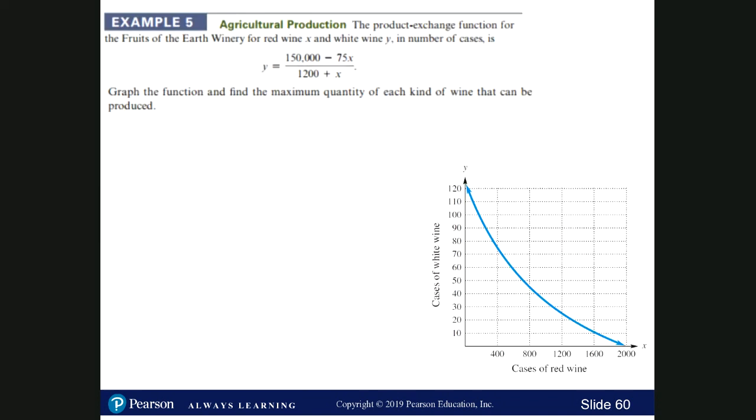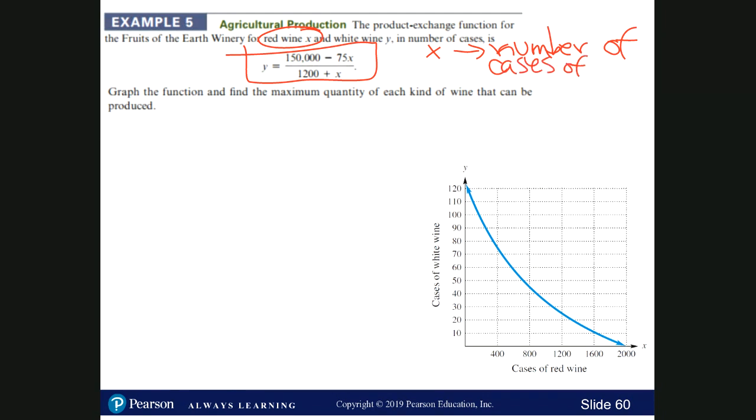So we have the equation given to us here. Based on the explanation of the equation, we are going to use the variable x to represent the number of cases, not bottles, of red wine.